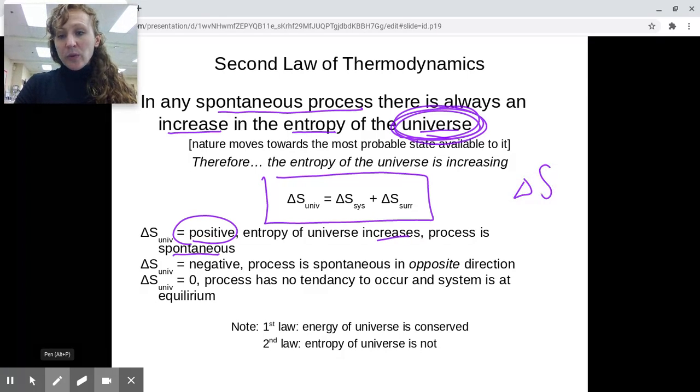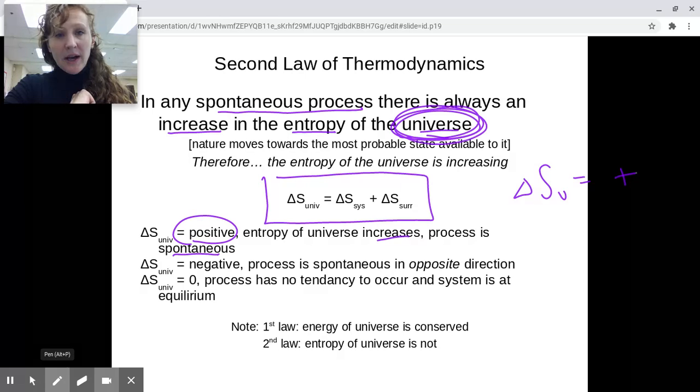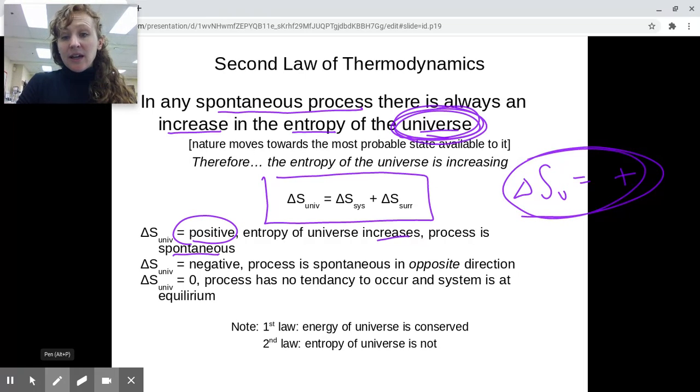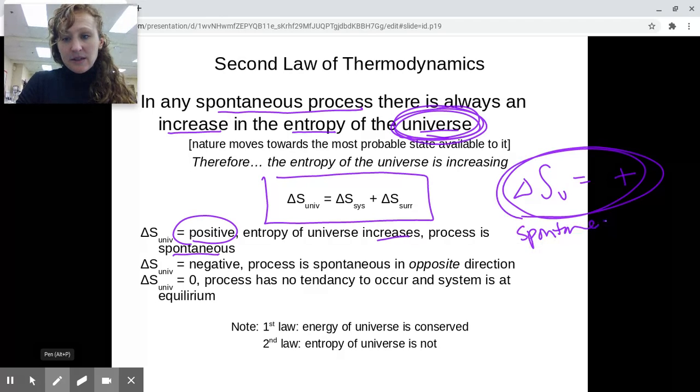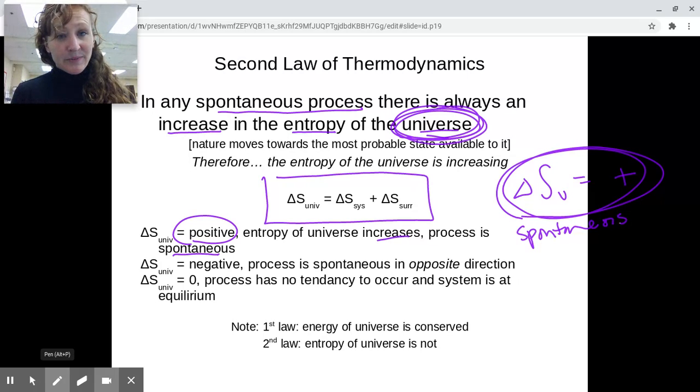So if you go through all of the hoopla and you end up with some magnitude of positive entropy, you can conclude right there that the process is spontaneous. Again, not entropy of the system, not entropy of the surroundings, only entropy of the universe.